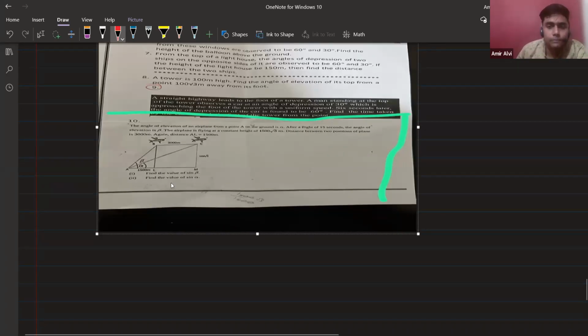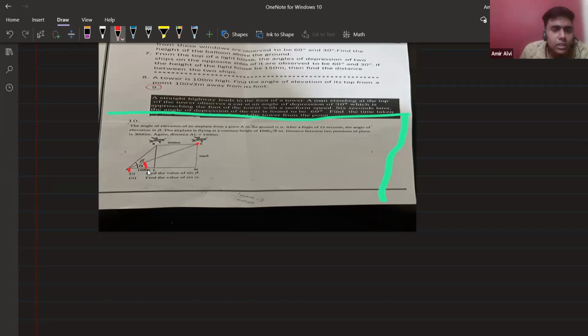Okay, so the angle of elevation of an aeroplane from point A on the ground is alpha. Basically, we are seeing the aeroplane at this point, it's alpha, right? After a flight of 15 seconds, the angle of elevation is beta.